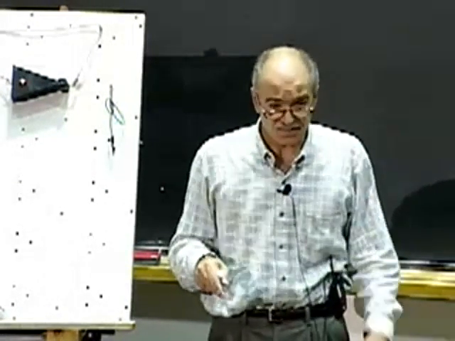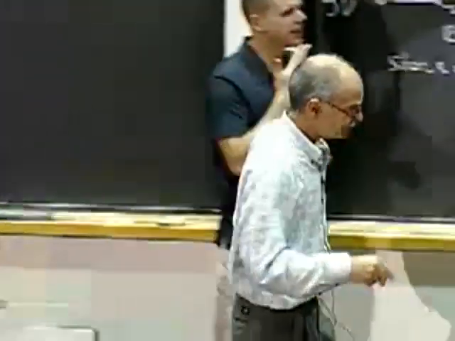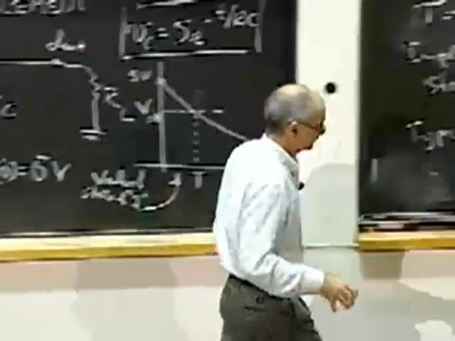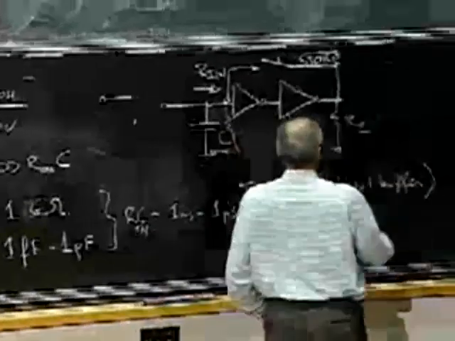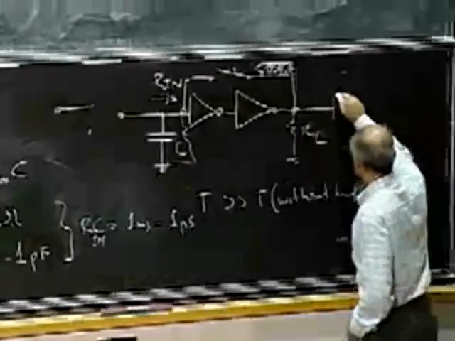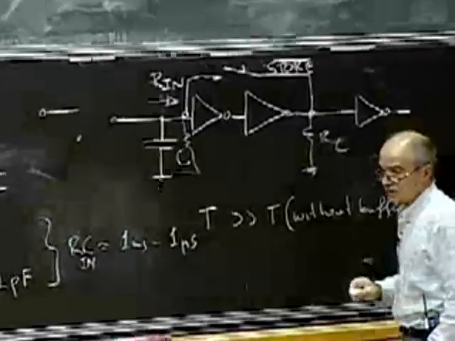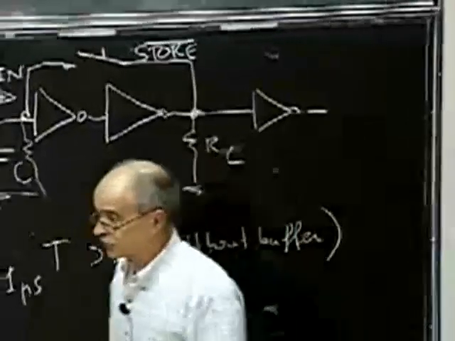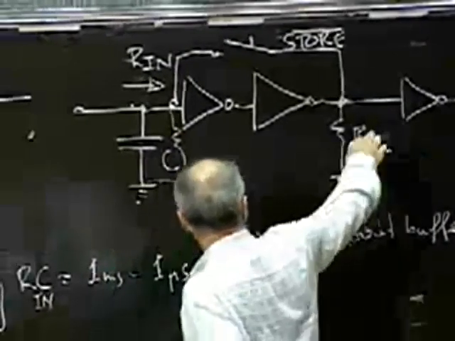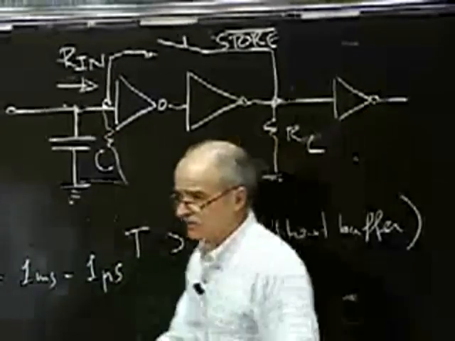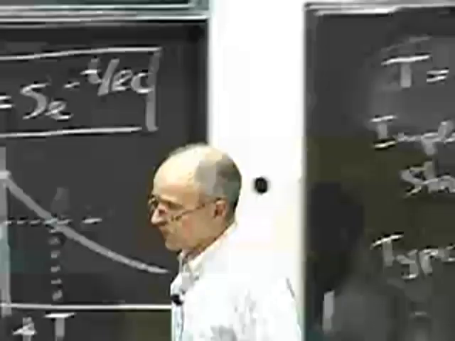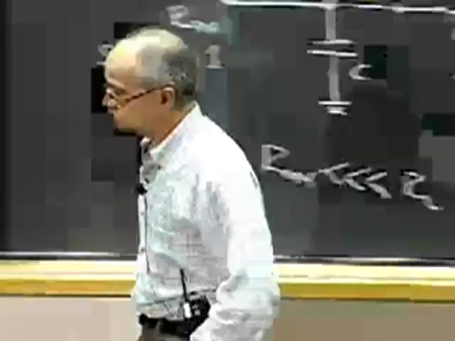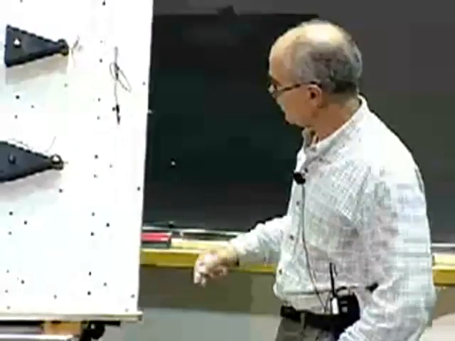Well, I need yet another buffer. The answer is in your notes. So if I don't take the output here, but rather take the output here, or if I don't want an inverted output, I could put yet another element there. Then the situation would be fine.